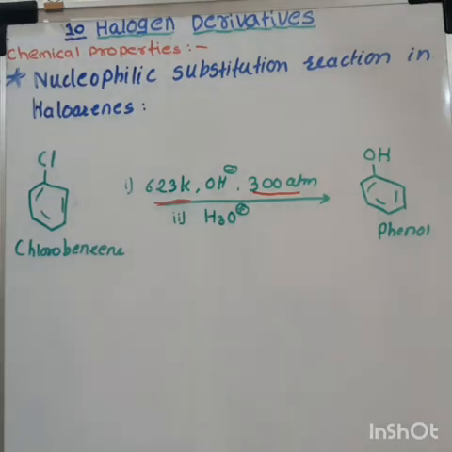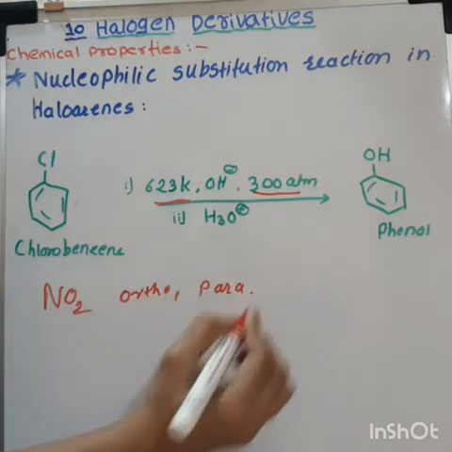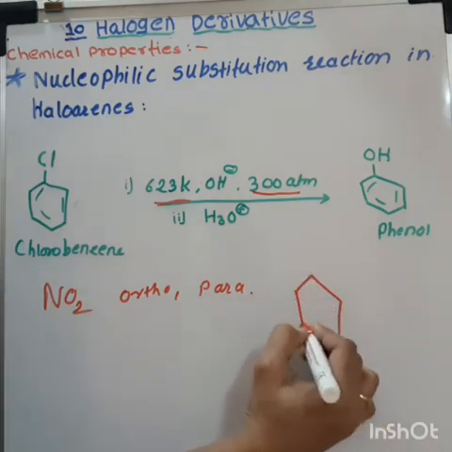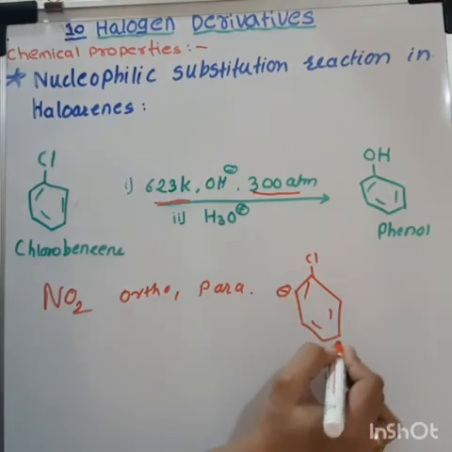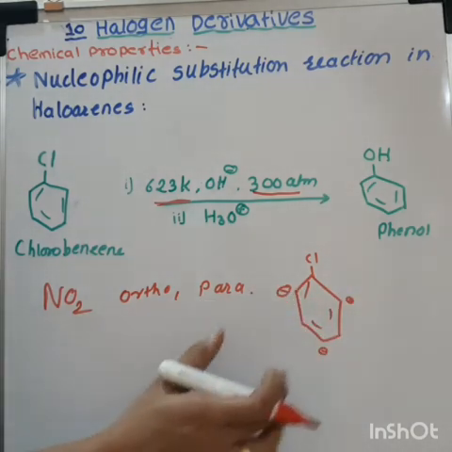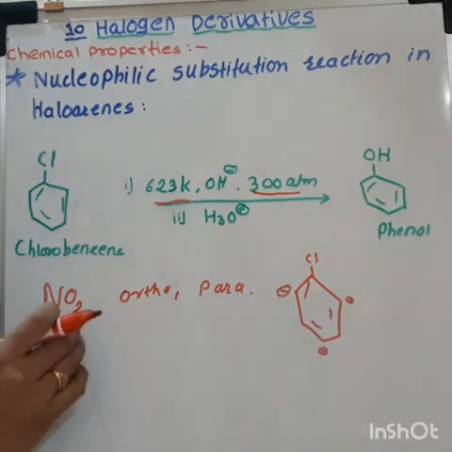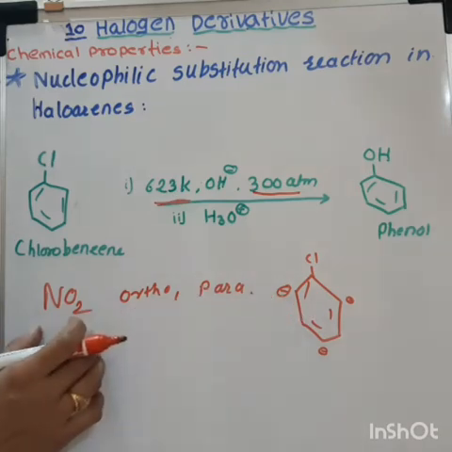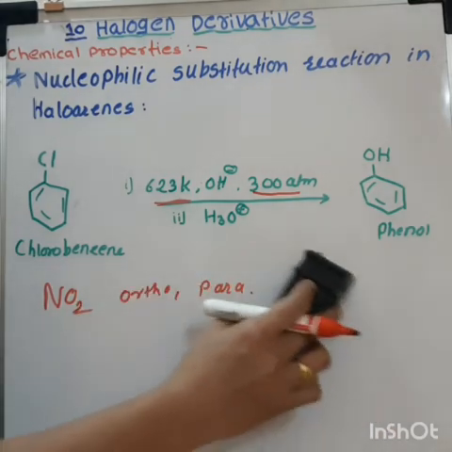Electron withdrawing groups like NO2 can be helpful only if they are attached at the ortho position and para position. As we saw in the resonating structures, the negative charge was shifting from ortho position to para position and from para position to ortho position. That means the electron density is more at ortho and para positions. So introducing a nitro group or electron withdrawing group at ortho and para positions will be helpful.